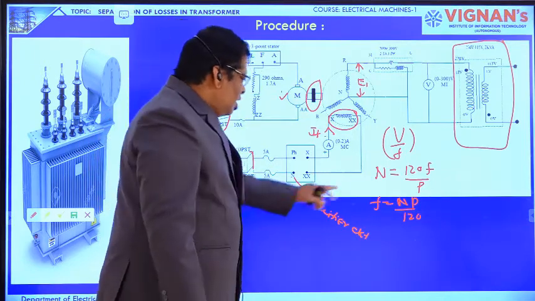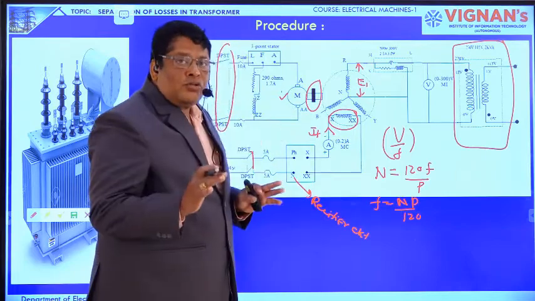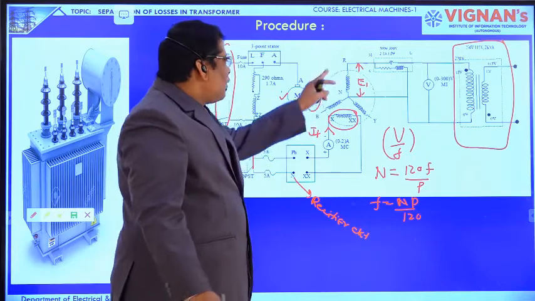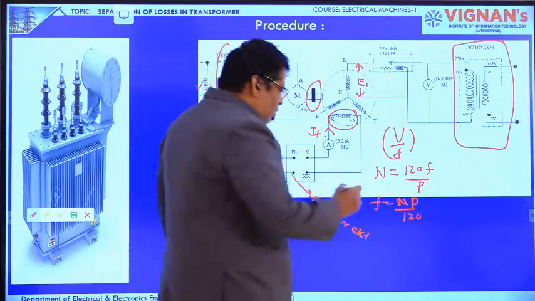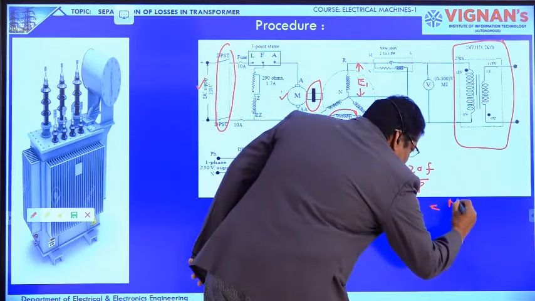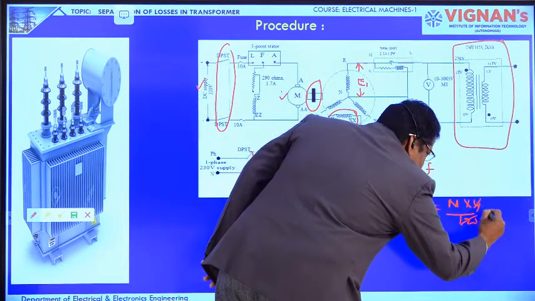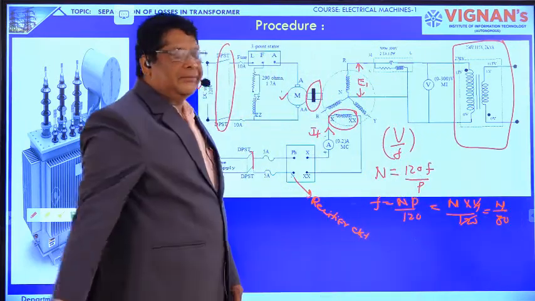Here P is the number of poles for which the alternator is designed. Suppose we take the number of poles as 4, as an example. Now this equation becomes N into 4 by 120, which becomes N by 30.